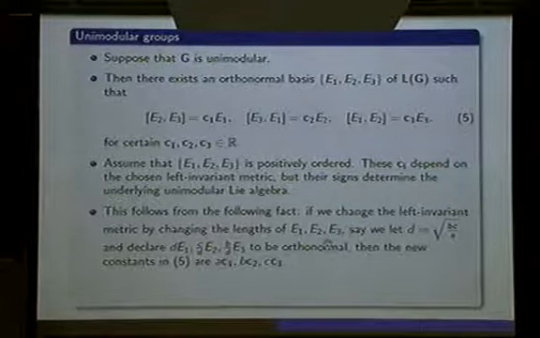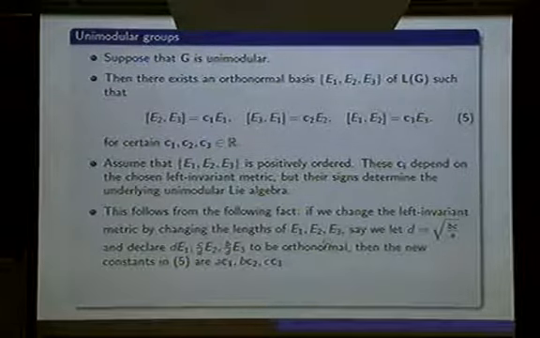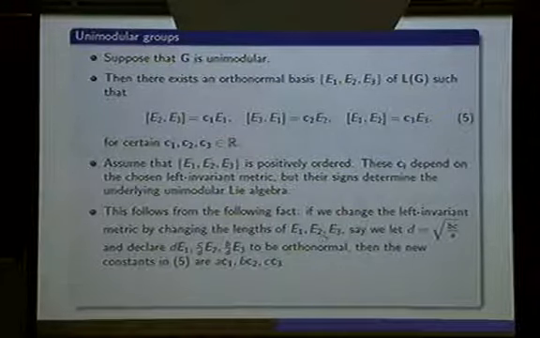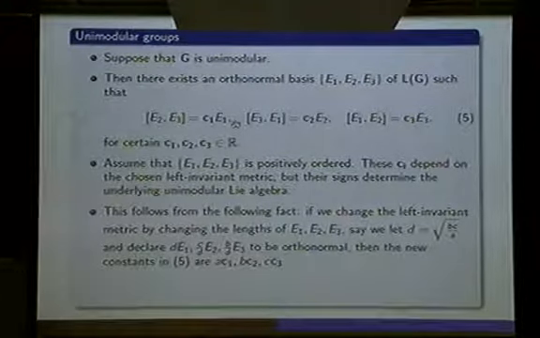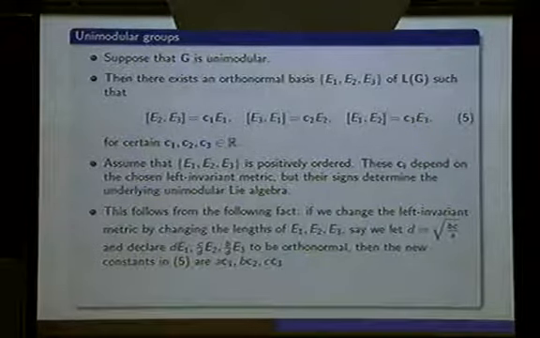So you can't do this in a non-unimodular group, but in a unimodular group you can do this very simple change. You have one particular metric, it gives you one particular nice orthonormal basis, it gives you these structure constants here, and then you get all the other left invariant metrics by saying these are orthogonal axes, but you're changing the lengths of those directions.